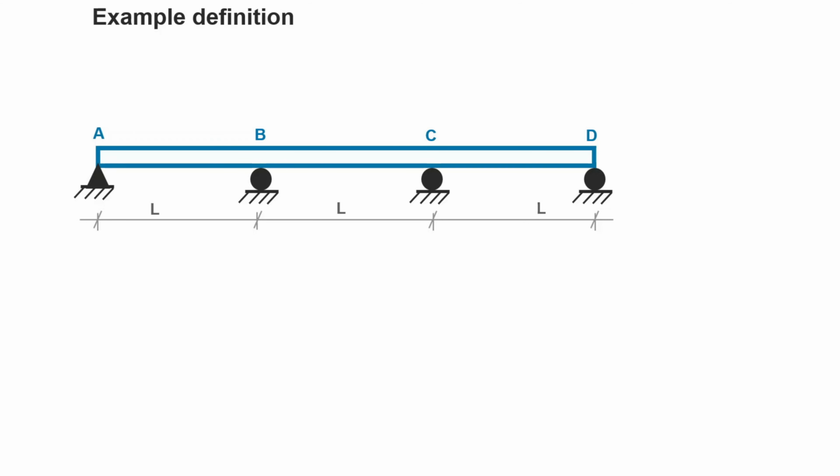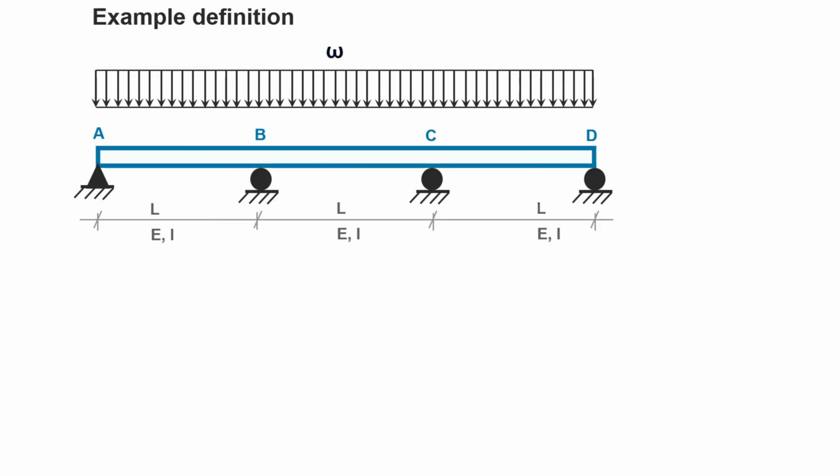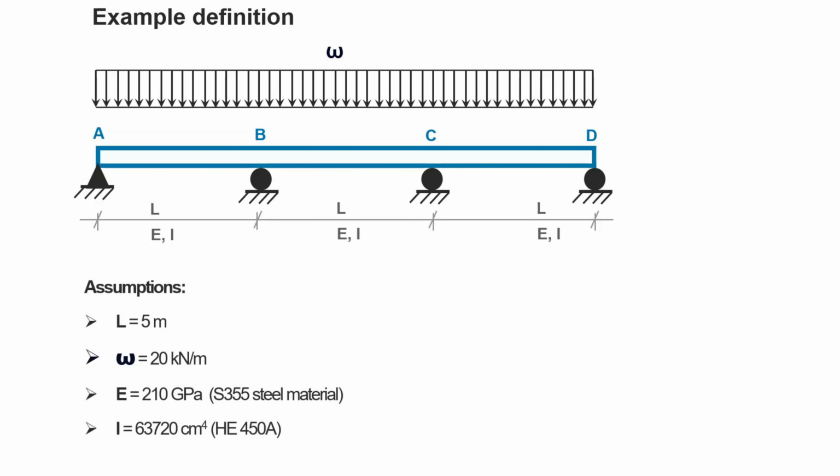The span length is L, the modulus of elasticity is E, and the second moment of area is I, and a uniformly distributed load omega is applied to the whole beam.